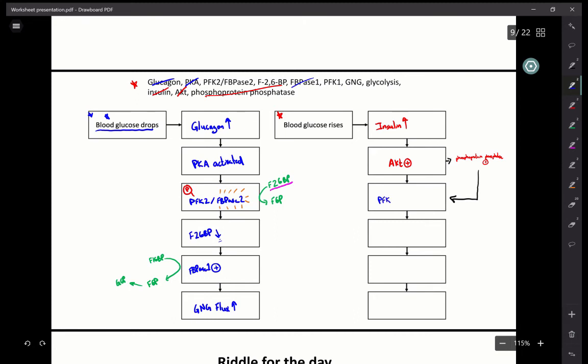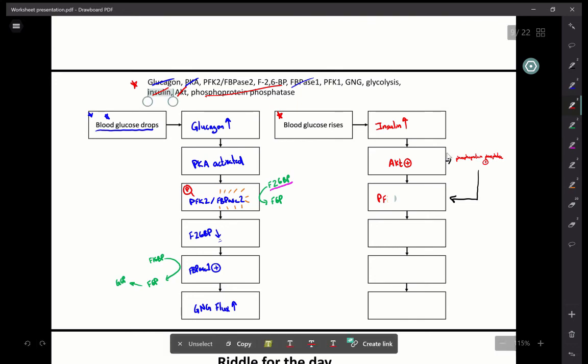PFK2. I don't want to use blue because I used blue over on the other side. I'm going to keep the red. PFK2, FBPase2 will be dephosphorylated by the phosphoprotein phosphatase.